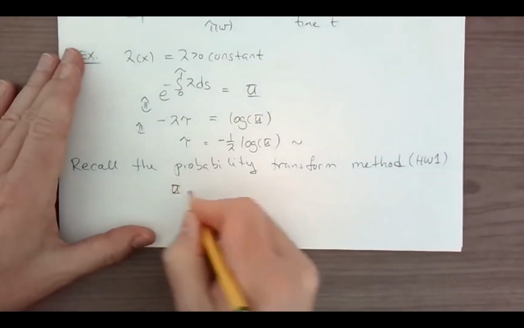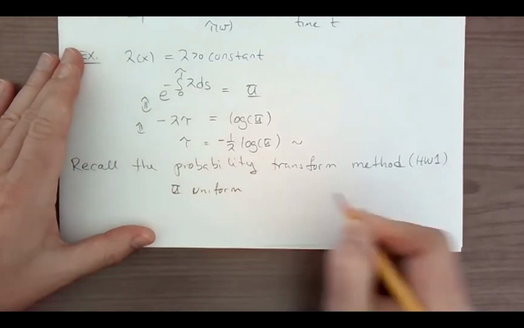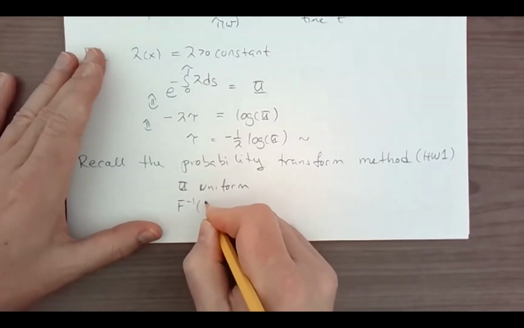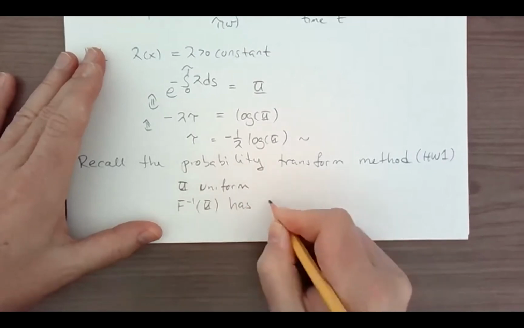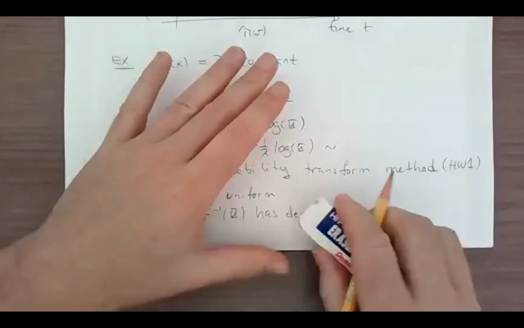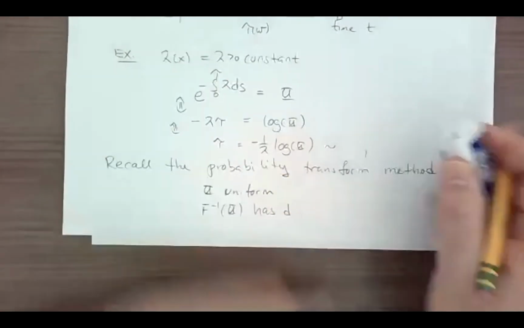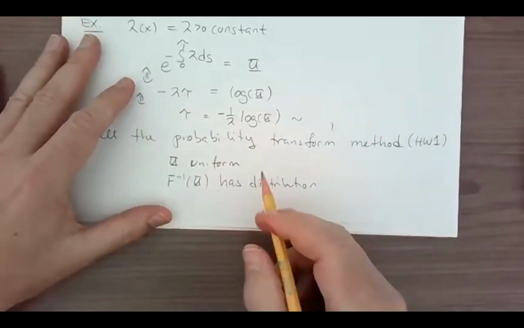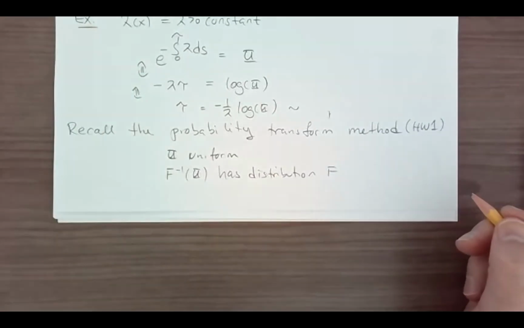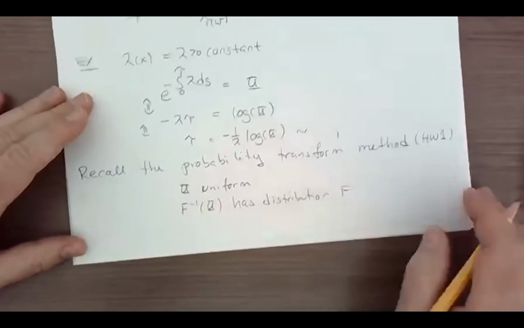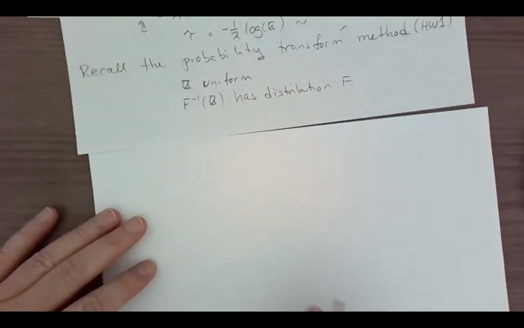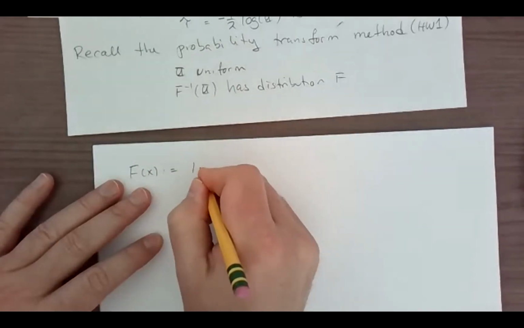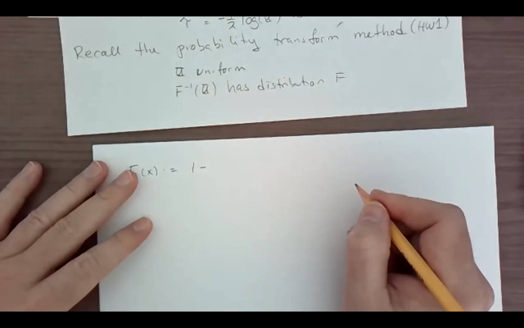If U is uniform, then F inverse of U has distribution F. So if we took F here to be exponential, this is something like 1 minus, what do we get?